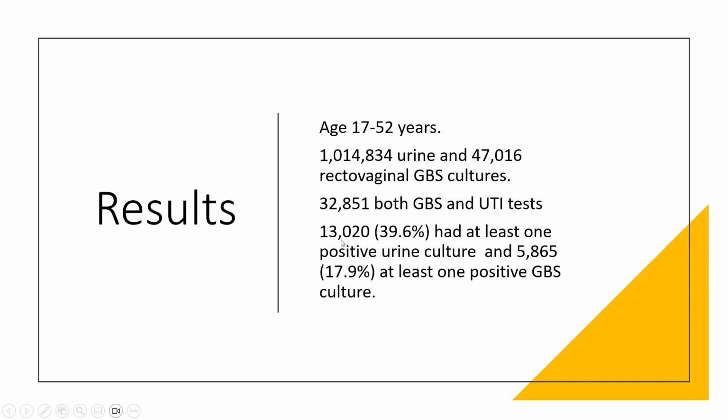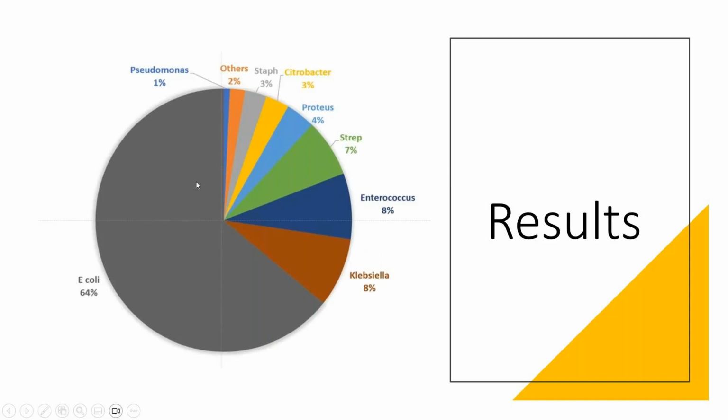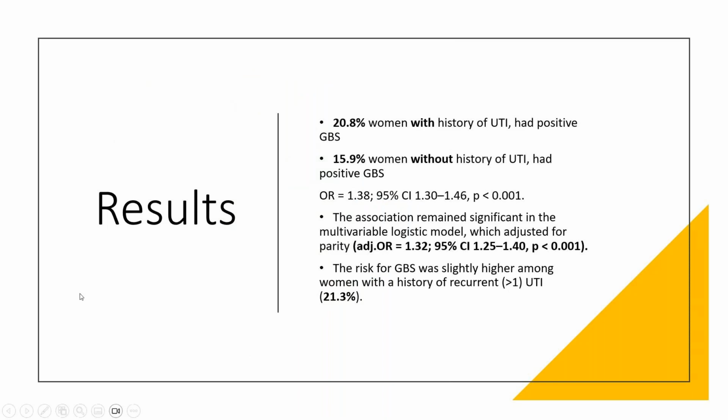And as for the main results among women, these are the main bacteria that we found. Again, as expected, the biggest one was E. coli, about 2/3 of the women. And for the main results, 20% of the women with a history of UTI had a positive GBS versus 15.9% of women without a history of UTI who also had a positive GBS.